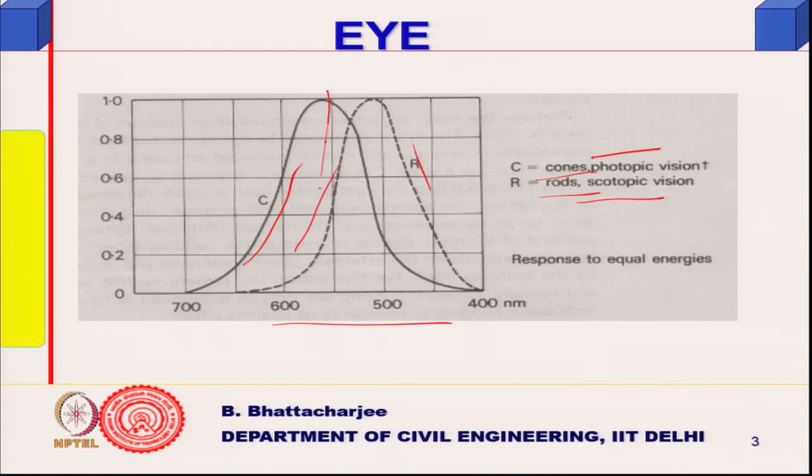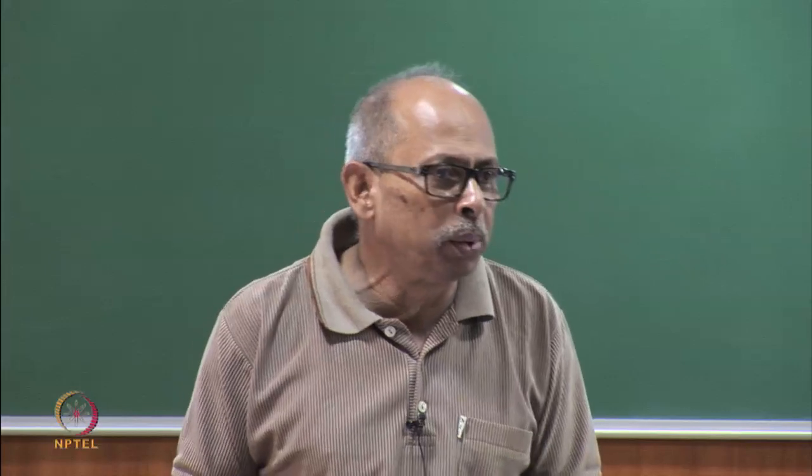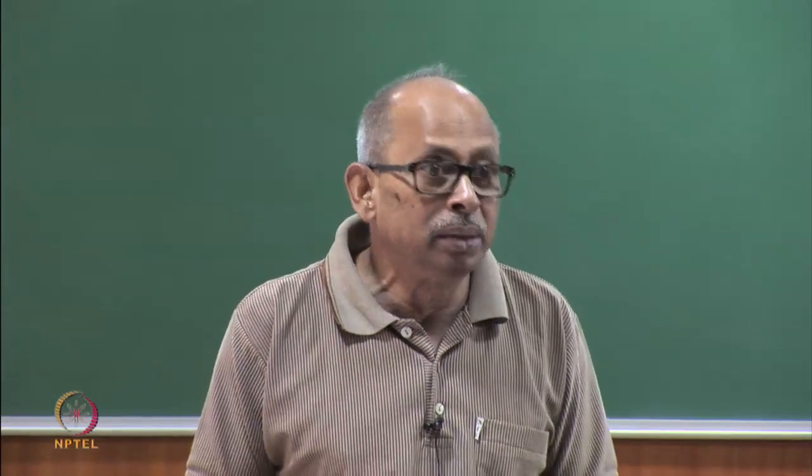So you can see somewhere here the eye is most sensitive, somewhere between 500 and 600. That's actually where the sunlight is also maximum. The proportion of this color is maximum in sunlight.